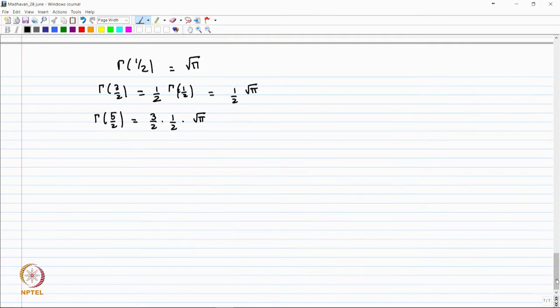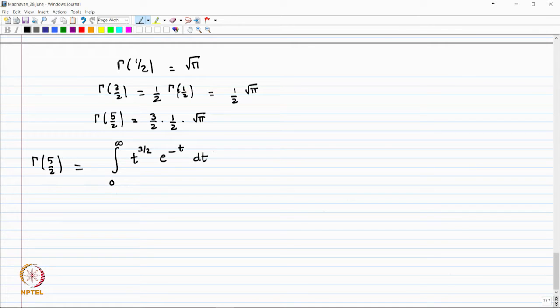Now suppose you had, let us consider gamma function of 5 by 2. Let us just take an example of gamma function of 5 by 2. So, this is the integral of t raised to 3 by 2 e to the minus t dt.